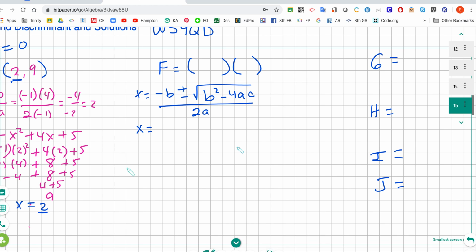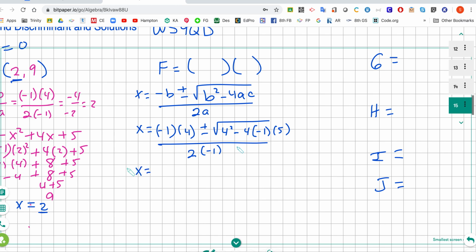X is equal to -1. Our b value is 4 plus or minus the square root of 4 squared minus 4 times -1 times 5, all divided by 2 times -1.